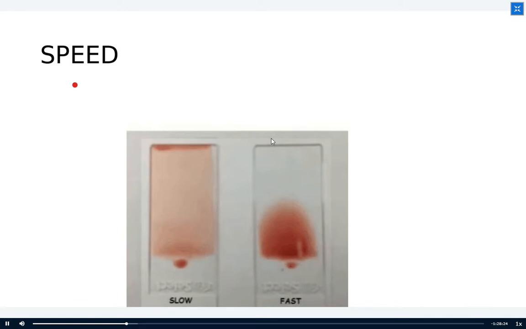If the speed, masyado kang mabilis, you would have a too short smear. But if you're too slow, sobrang bagal mo, you would have a long smear.